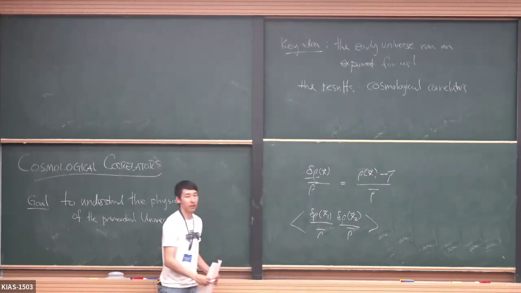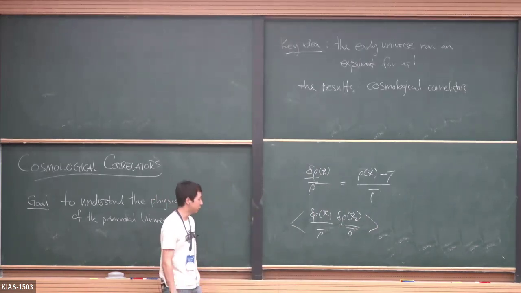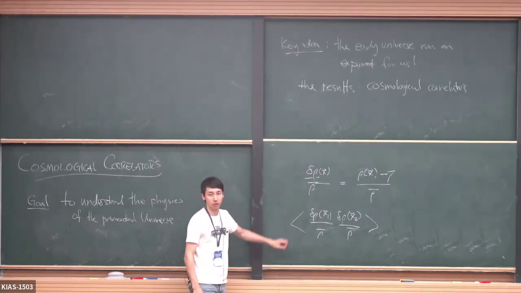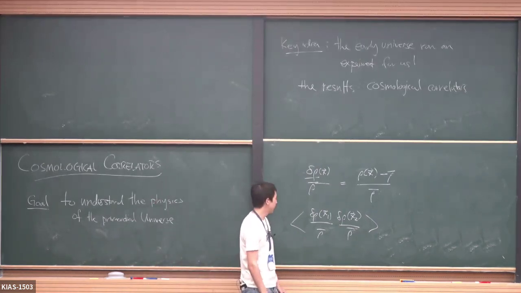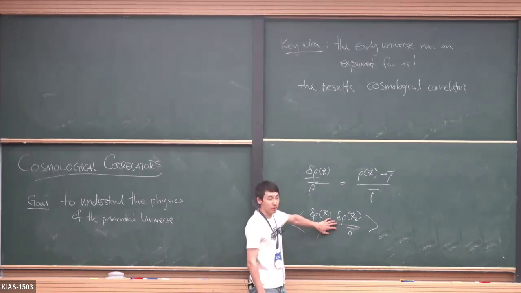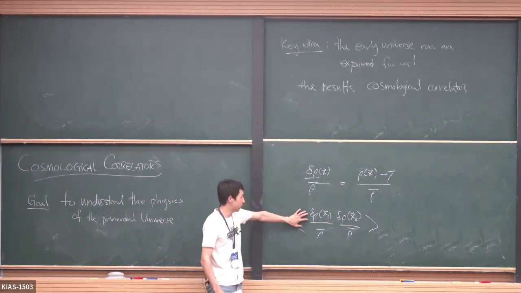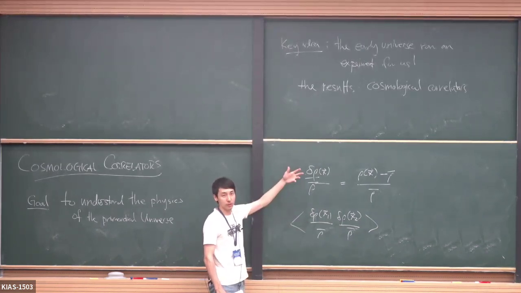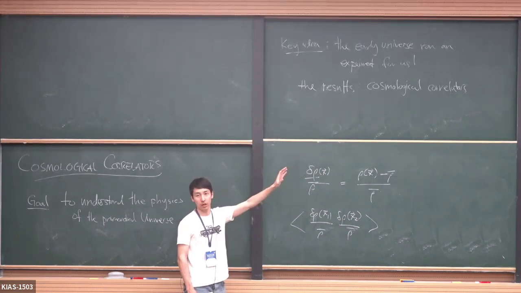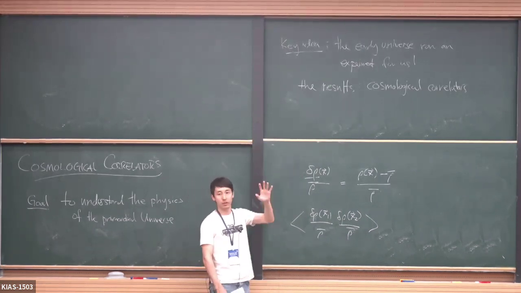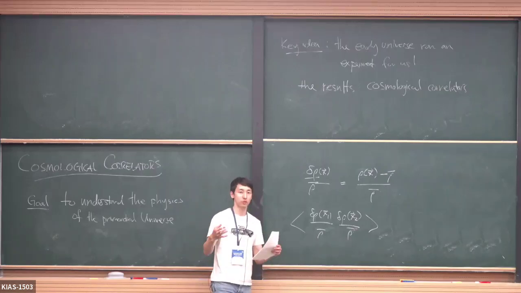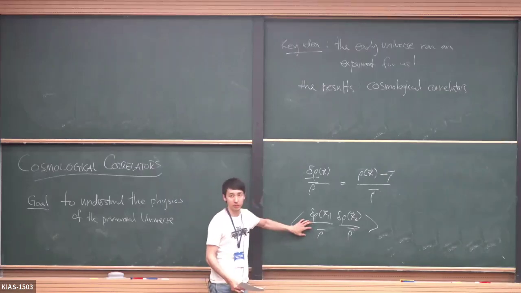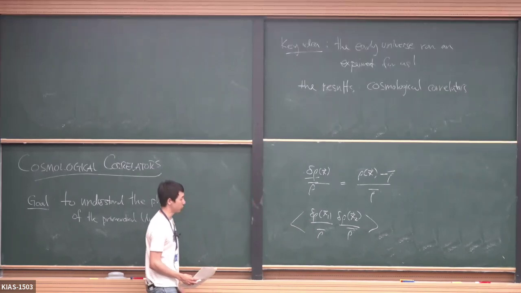This is what we mean by taking the correlation function. This in particular is a 2-point correlation function of density perturbations. What this physically means is that if you have some density perturbation or number of galaxies in a given patch that is larger than the average, then what is the probability of observing another nearby patch also having a number of galaxies that is larger than the average? That's the information contained in this kind of 2-point function.